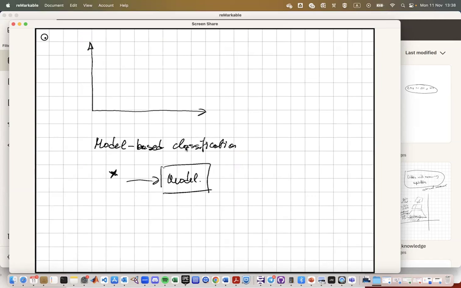It takes a feature vector as an input, some maybe previously unseen, and it spits out the result. So category 1, for example.